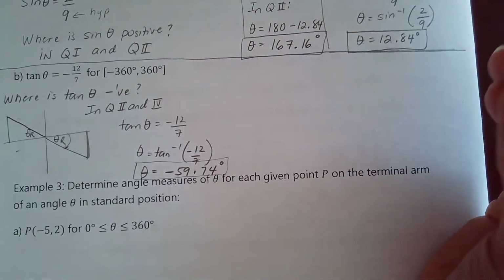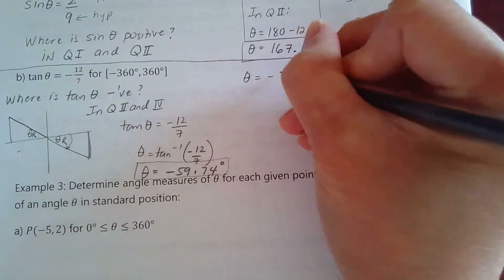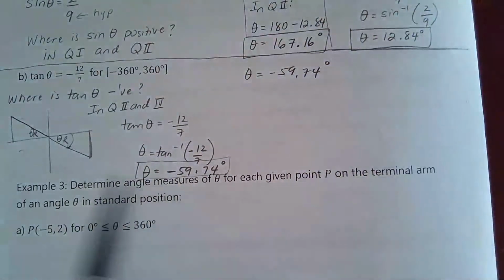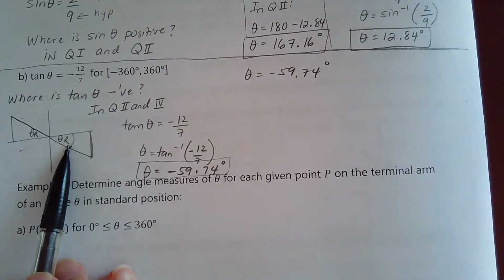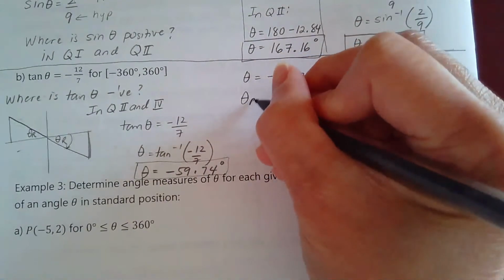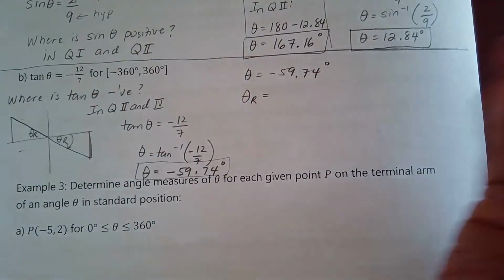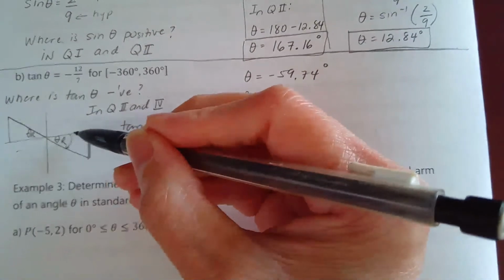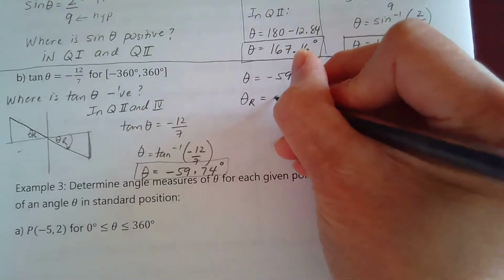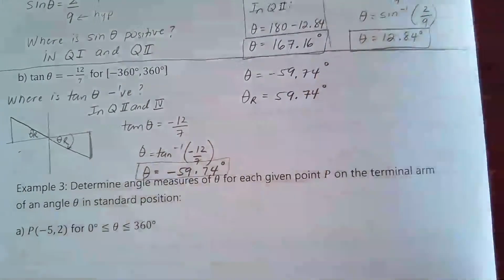So in this particular case, theta is equal to negative 59.74 degrees. Now, because this is a negative 59.74 degrees, we can say theta r, our reference angle, is the positive angle between the initial arm and the terminal arm. So that's also a positive 59.74 degrees.